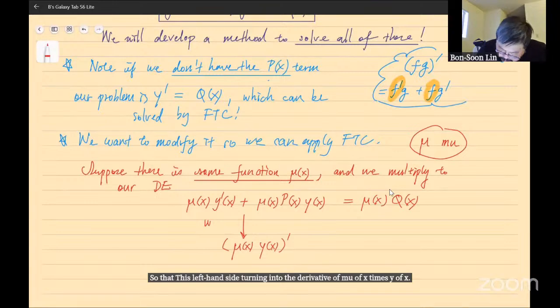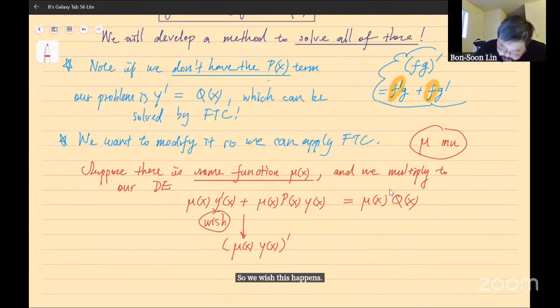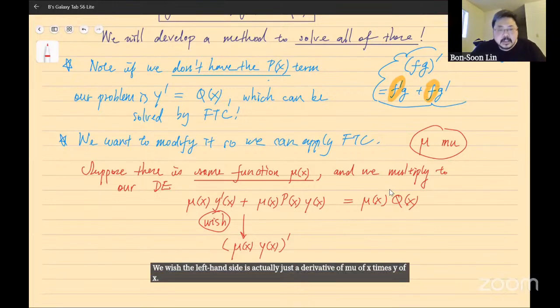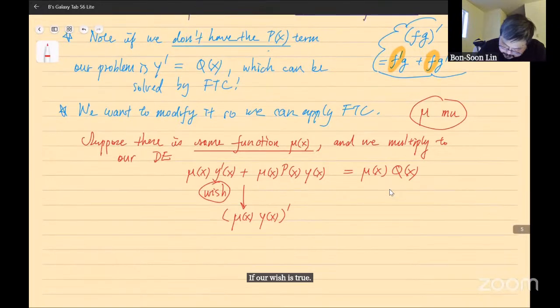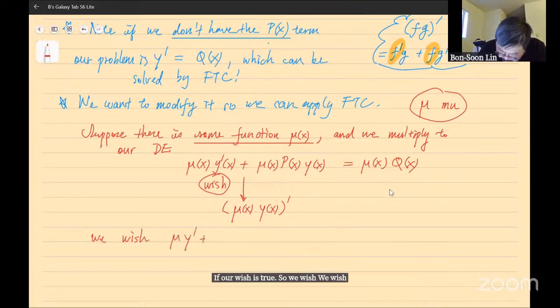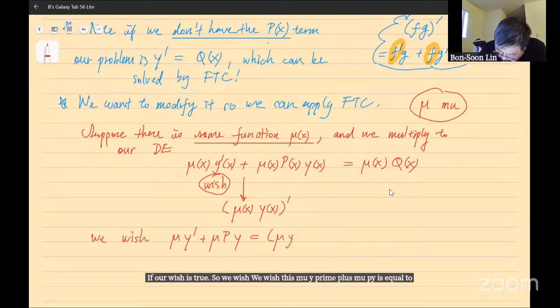So we wish this happens. We wish the left-hand side is actually just the derivative of mu of x times y of x. Okay? We wish this to happen. If our wish is true, so we wish this mu y prime plus mu py is equal to quantity mu y prime.